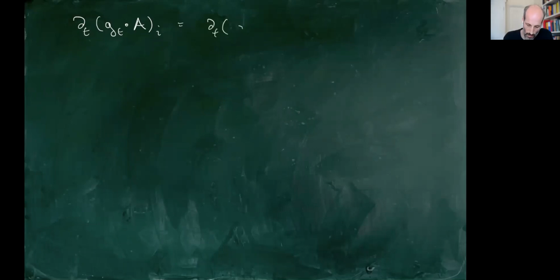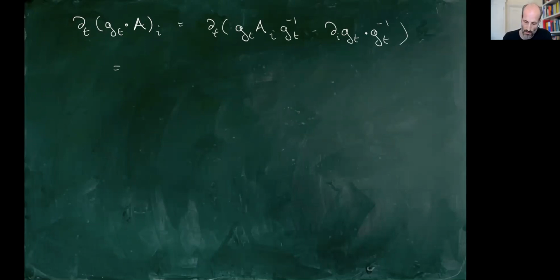Right? So if we take the t derivative of g acting on A, well, then that's the t derivative of g A_i g inverse minus the derivative of g inverse. Now, A is constant.